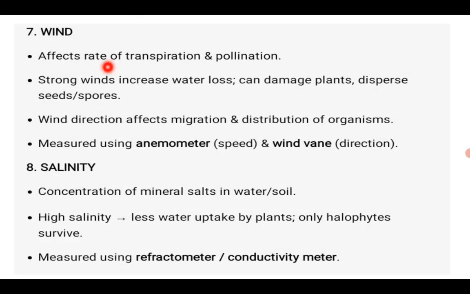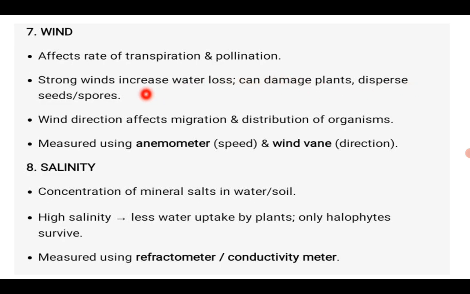There are many factors which are considered to be abiotic. Another one is wind. Wind affects the rate of transpiration and pollination. When there are strong winds, there's an increase in water loss, and it can also damage plants.